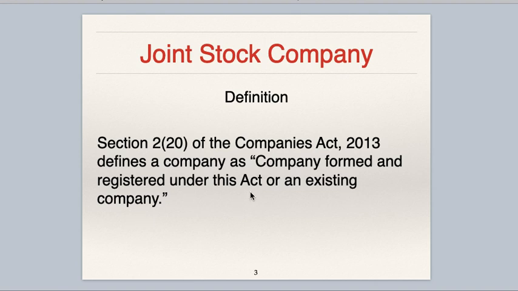Under this act means under Companies Act 2013. Existing company is a company which was in existence before Companies Act 2013.